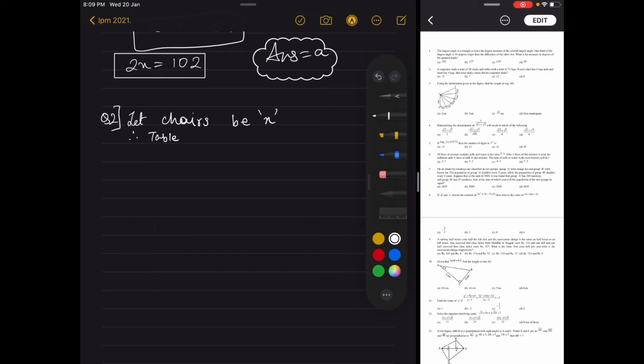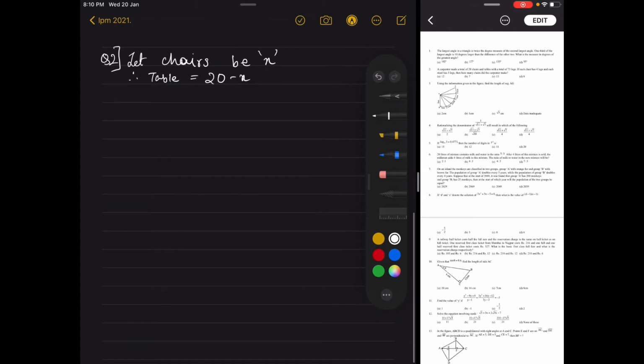So if there are x chairs, how many tables would there be? 20 minus x. Tables is equal to 20 minus x. It's just that simple. Okay, now they are saying that if each chair has 4 legs and each stool, sorry, it should be table, if each stool has 3 legs, then how many chairs did the carpenter make? It's easy, right?